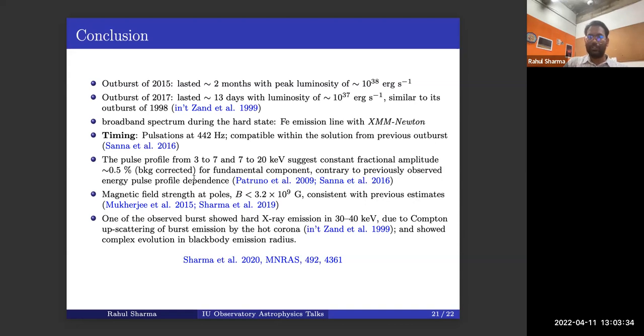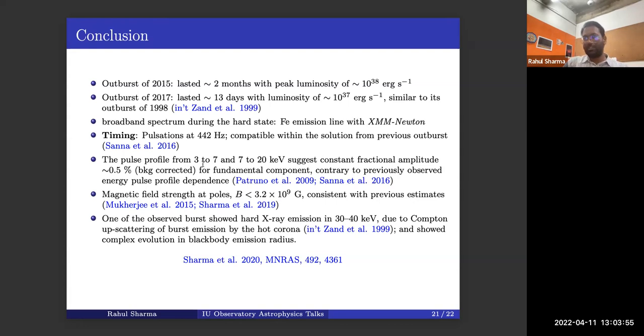But generally, this fractional amplitude is observed to be either increasing or decreasing. That is, the fractional amplitude of the fundamental is actually energy dependent. For this particular source, it has been found to be increasing with energy. But in this case, we found it very constant.